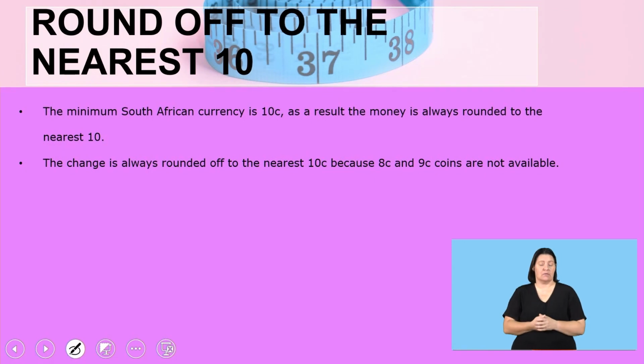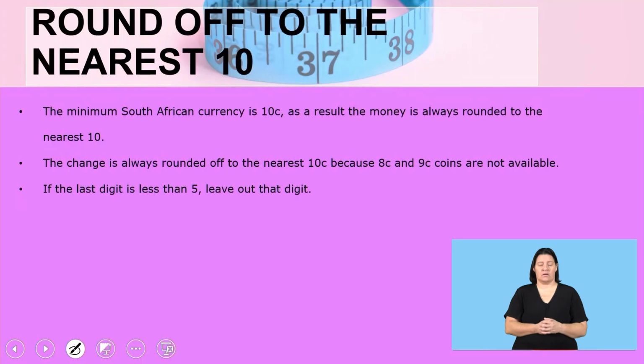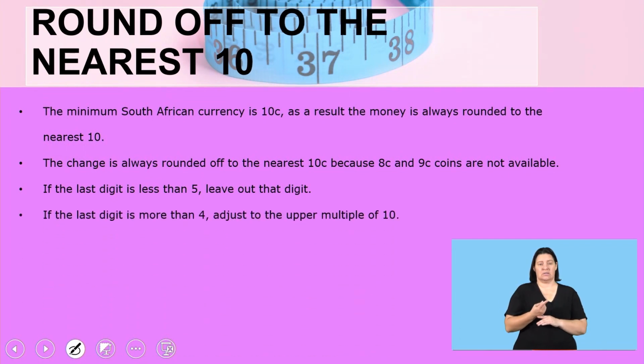We are still using the very same principle: if it is less than 5, we round down. If it is more than 4, then it is rounded up. But always rounded to the nearest 10, because the minimum South African currency that is used now is 10 cents.